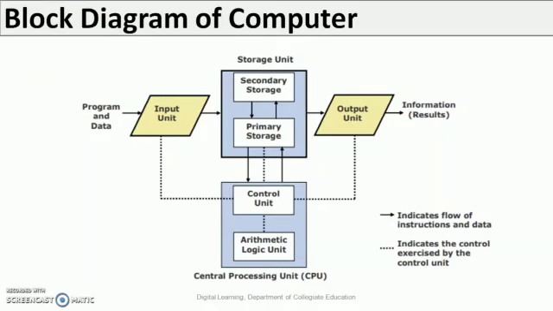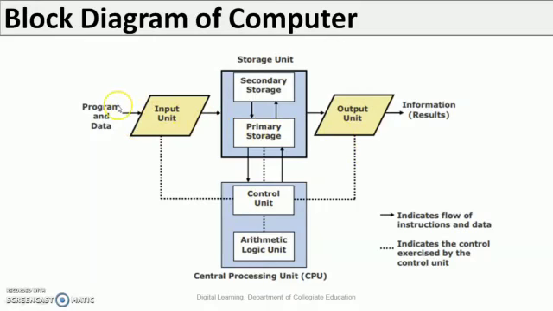All computers do the same four basic things. It takes input, stores it in memory, processes, and gives the output. Basically, a computer has five units: input unit, memory unit, control unit, arithmetic logic unit, and output unit.